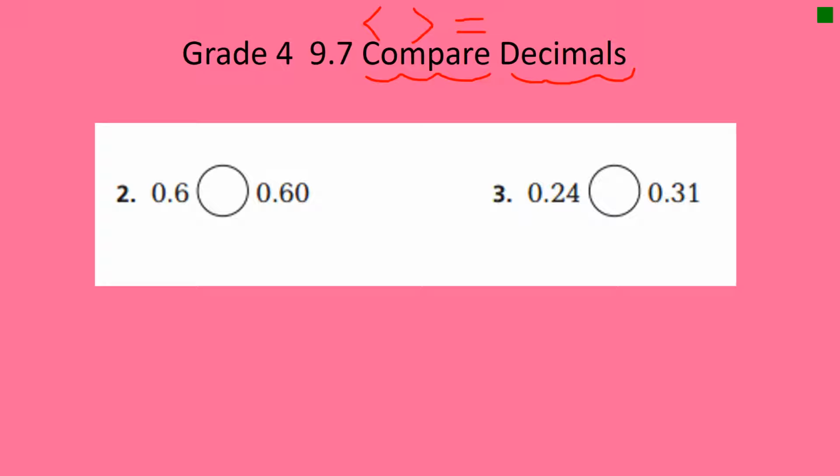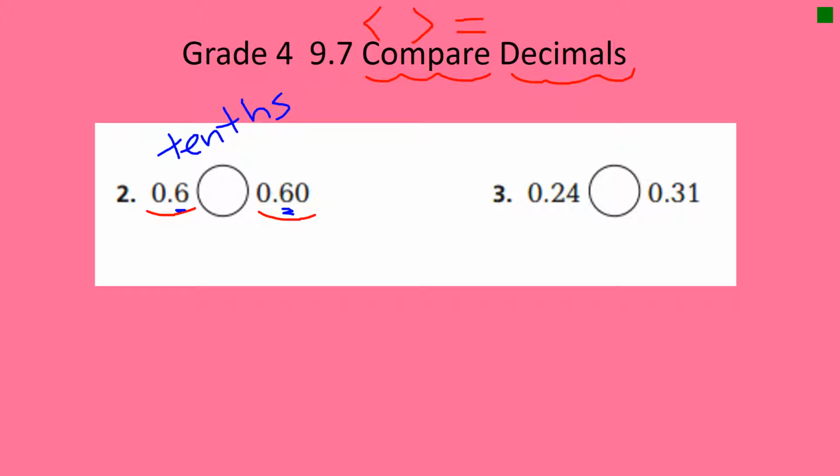So for number 2, it says they want you to compare, now let's read this, 6/10 and 60 hundredths. Okay, 6/10 compared to 60 hundredths. So I'm going to look closely at place value. That is the tenths place, isn't it?